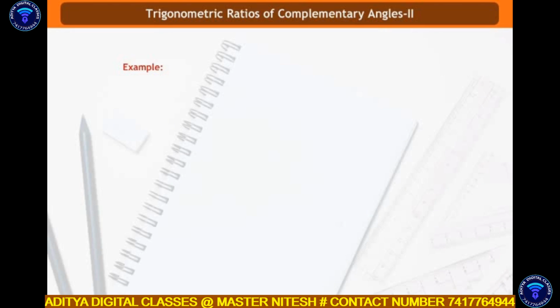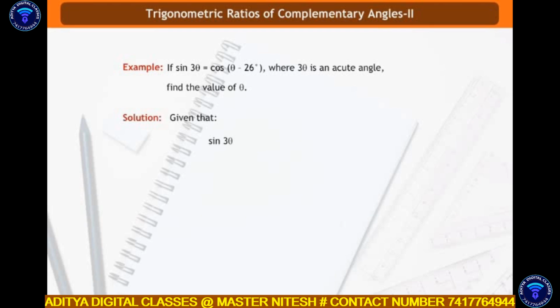Example 3. If sin 3 theta is equal to cos theta minus 26 degree, where 3 theta is an acute angle, then find the value of theta. Solution. Given that sin 3 theta is equal to cos theta minus 26 degree, let it be equation 1.